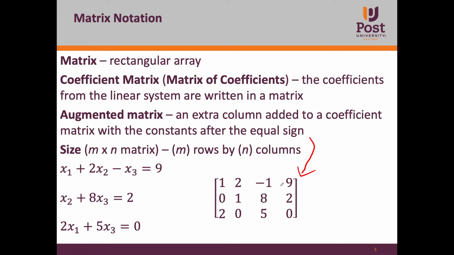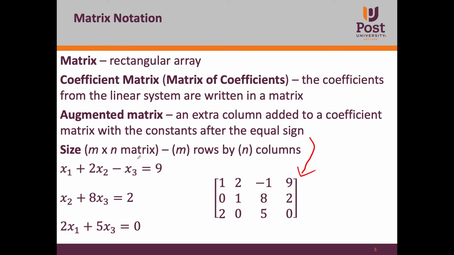That's written in this augmented matrix as 1, 2, negative 1, 9, based on the coefficients and the constant. The second equation, x sub 2 plus 8x sub 3 is equal to 2. This gives us, for this row, 0, 1, 8, 2. And then 2x sub 1 plus 5x sub 3 is equal to 0. This is written as 2, 0, 5, 0.